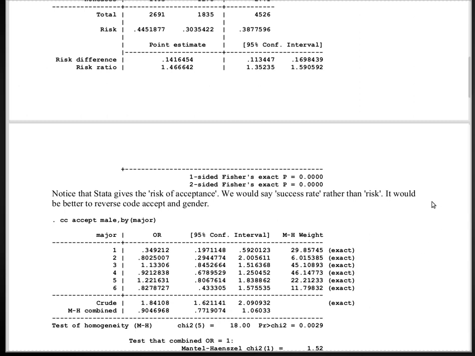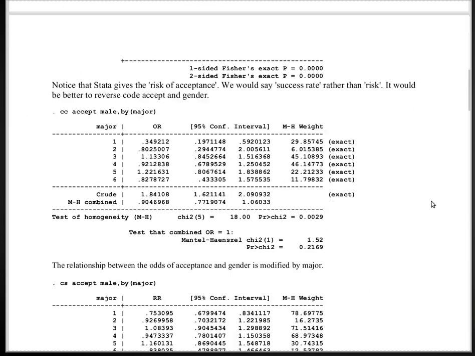Leaving things as they are, how about we stratify on the major that they've applied to? What's going on? The odds ratios very definitely appear to depend on the major that the students were applying to. And notice that it's all over the place, isn't it?